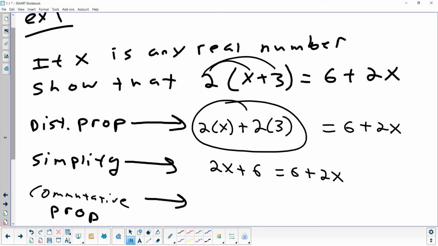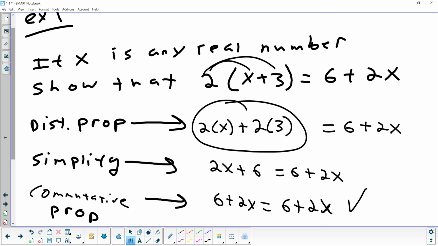And now the last step would be the commutative property. Isaac, which side can I apply the commutative property to so that both sides look identical? The left side? Yeah, the left, or you could do the right, right? Either way, but the commutative property lets you switch the order you add two things. Isaac said the left, so let's do it the way it's on the left. Make it 6 plus 2x. And the right side is 6 plus 2x.